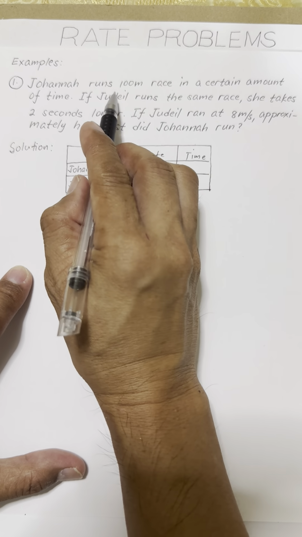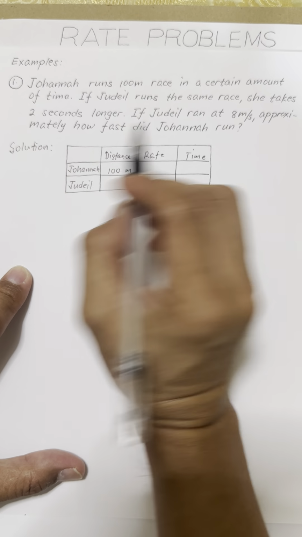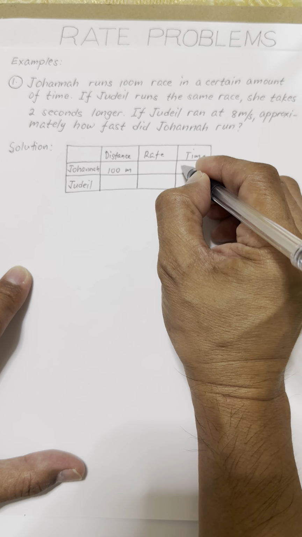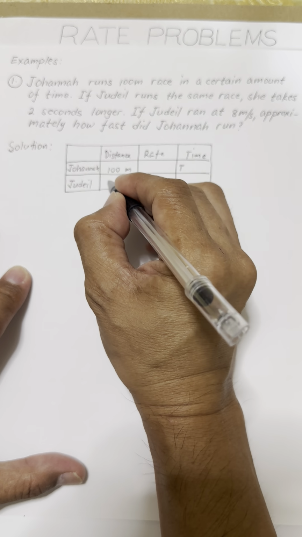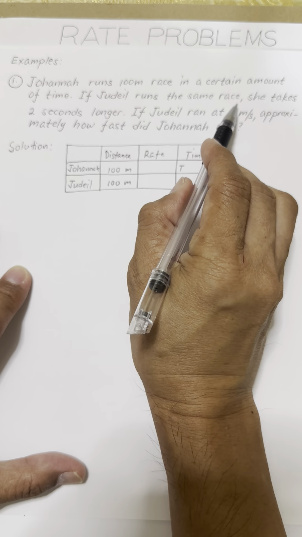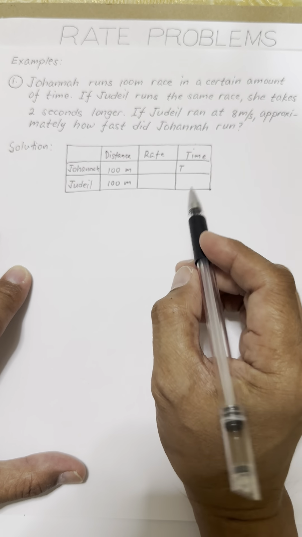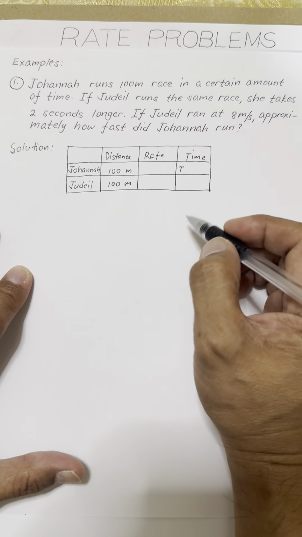So Johanna runs a 100-meter race in a certain amount of time. We don't know the time, so we can let the time be equal to t. Okay, then it says if Judel runs the same race, so it's also 100 meters. The same race, okay, so same distance. So she takes 2 seconds longer.